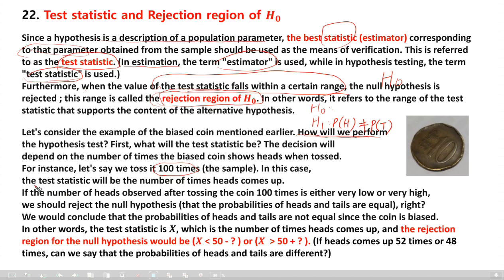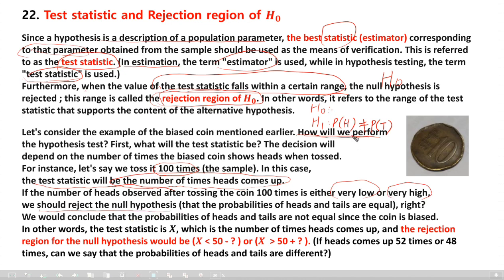In this case, the test statistic will be the number of times heads comes up. How many times? If the number of heads observed after tossing the coin 100 times is either very low, a small number of heads, or very large, a large number of heads, then you will decide, okay, this is biased, so we reject H0, the null hypothesis.